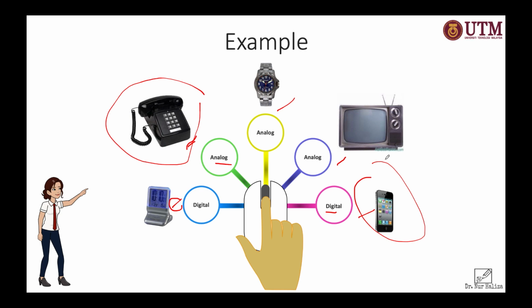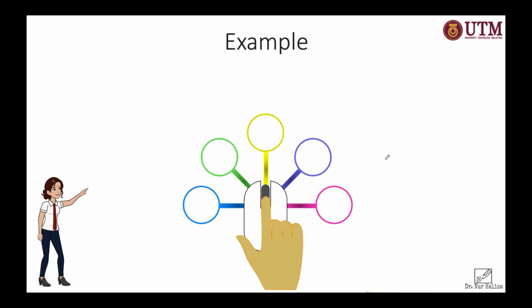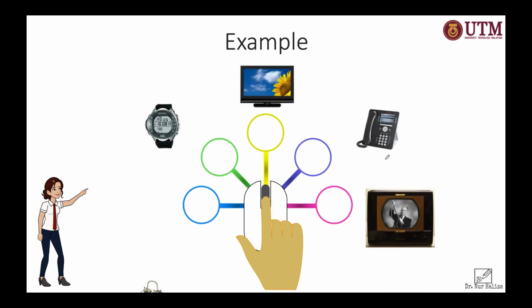Now let's look at another example. Over here we still have a few: television, we have also phone, we have the display, the display of your computer, and then your digital watch, and also clock.